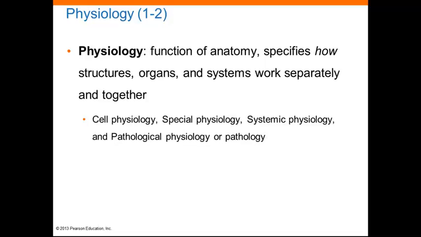Special physiology is the study of physiology of specific organs. Systemic physiology is the study of all aspects of the function of specific organ systems. And then pathophysiology, or pathology, is the study of effects of disease on organs or organ systems and their functions.